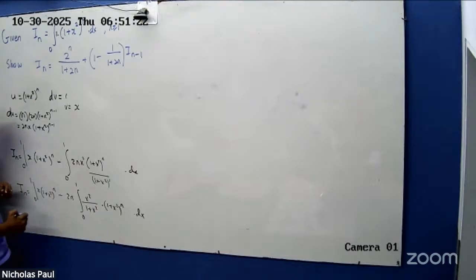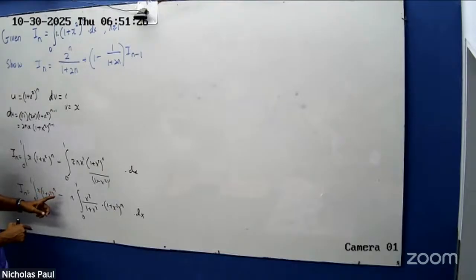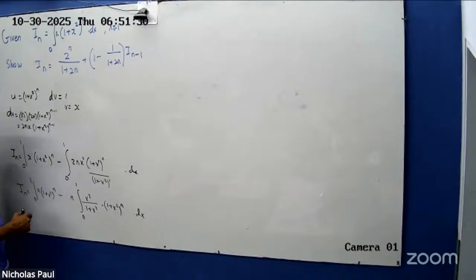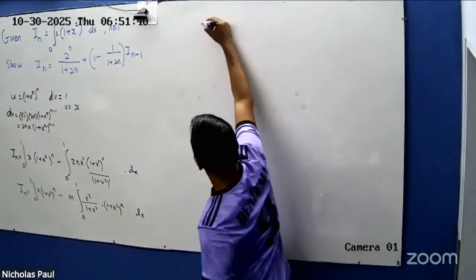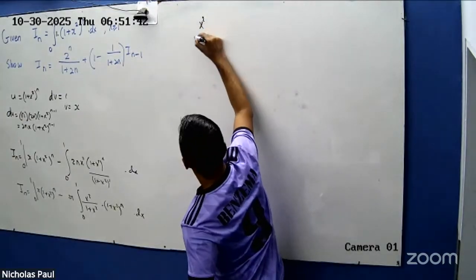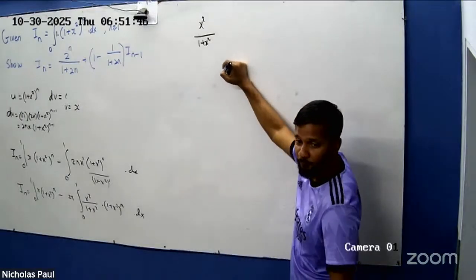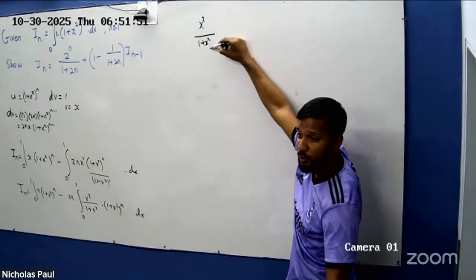Let me leave the 2 here, I'll just factor it out later on. How do we simplify something like this? Highest power of x is 2 here, highest power of x is 2 here. So what do you normally do?